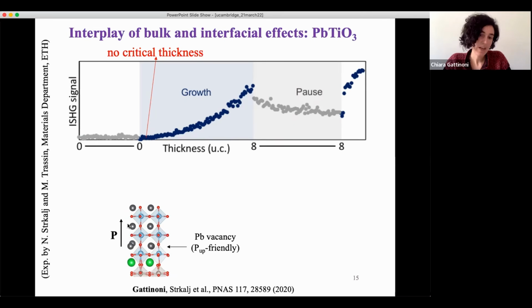So they had to have some P up friendly features that we then identified to be lead vacancies towards the interface, which stabilize the polarization below. And then they saw that after the growth, there was a drop in the polarization, and then the polarization would resume at the same value as before the pause, as soon as they started growing again.